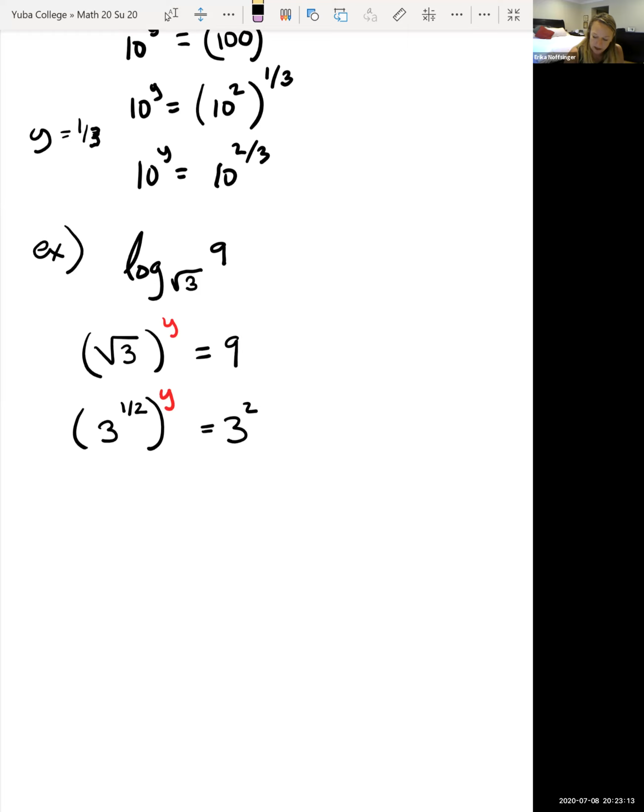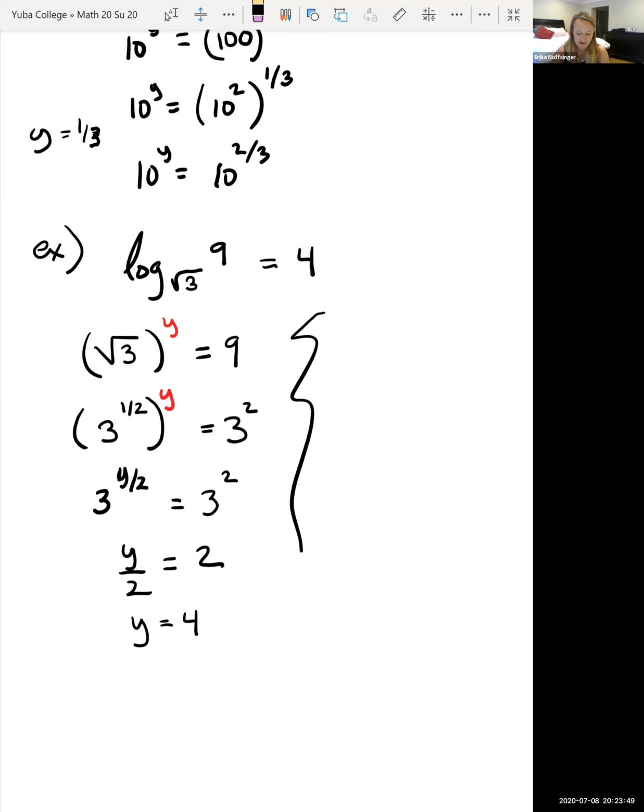And so we have 3 to the 1/2 y, or y over 2, is equal to 3 squared. And so y over 2 then has to equal 2. And then we see y then is 4. So our answer is 4.